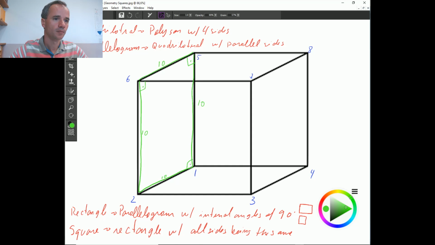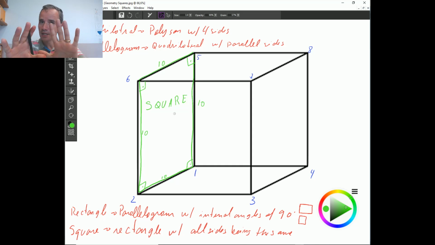All the internal angles are 90 degrees. It is a rectangle and it is a square. Why? Because all the sides are the same and everything is 90 degrees, so this is a square. It is also a rectangle, because to be a rectangle it means that all the internal angles must be 90 degrees.